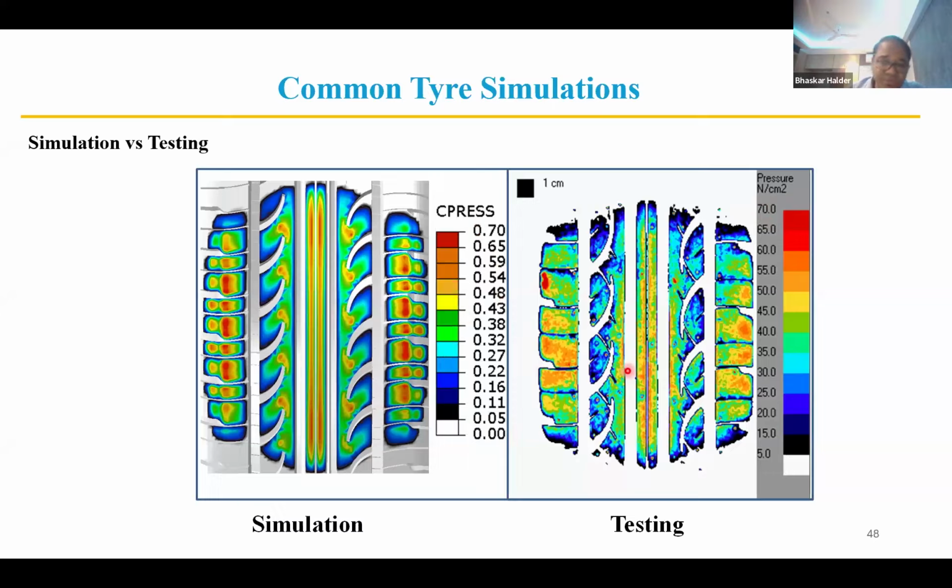So we can say that is a very good correlation. It actually depends on the experience of the simulation engineer, how they input the raw material data to the simulation, and how perfect the model is, so it all gives better or accurate results.